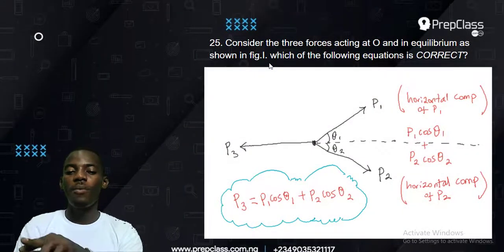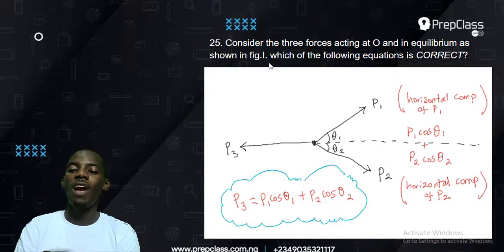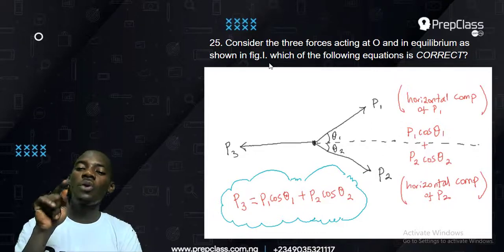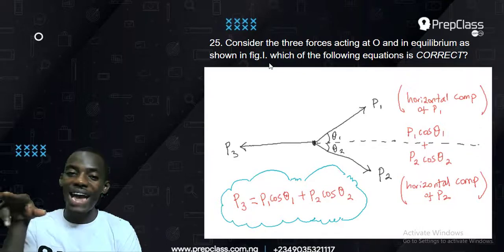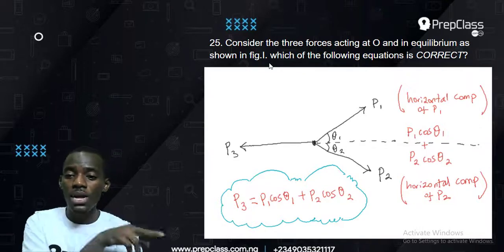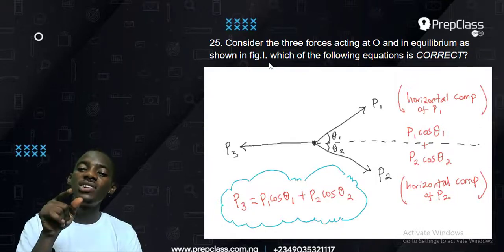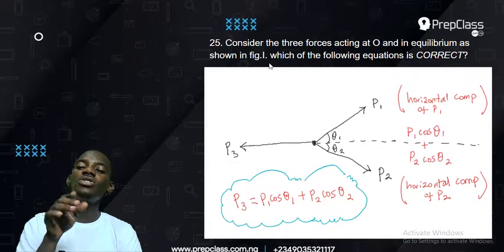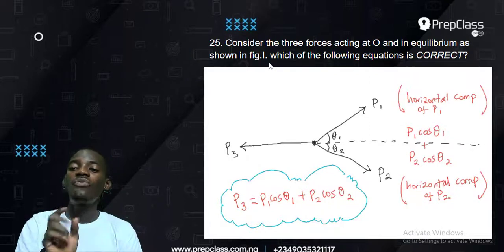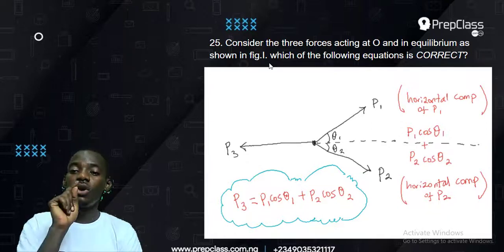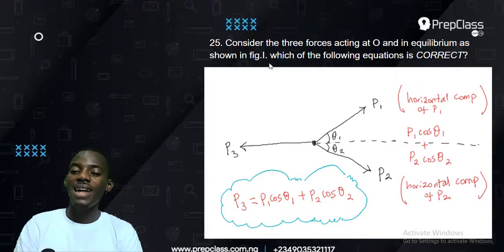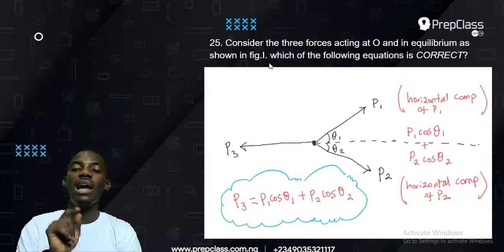Now look at this. We have P3 going straight, we have P1 up, and we have P2 up. The first thing to do, if you have an angle, and this is like a vector, but this topic is under equilibrium, you have to convert the one that has angle theta 1 and theta 2 into a straight line going horizontally. To change that P1 at theta 1 into the horizontal direction, you will need to find the horizontal component of that force, and that is P1 cos theta 1.